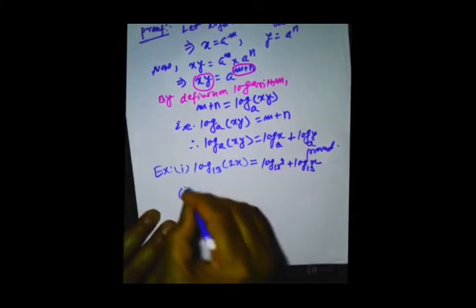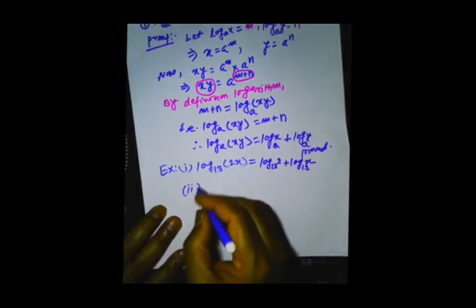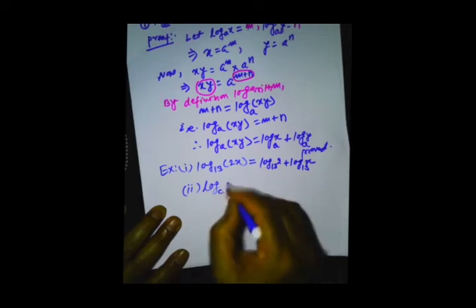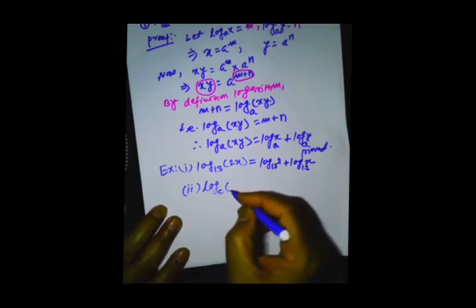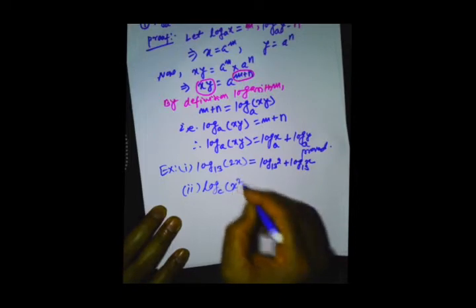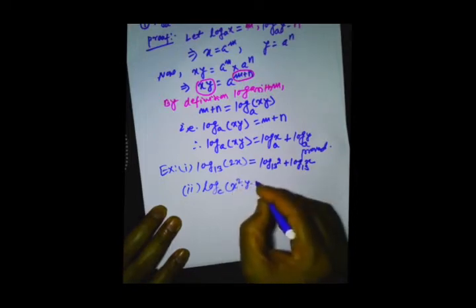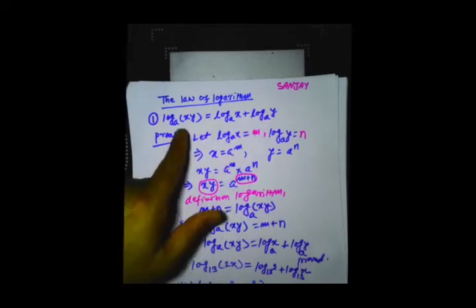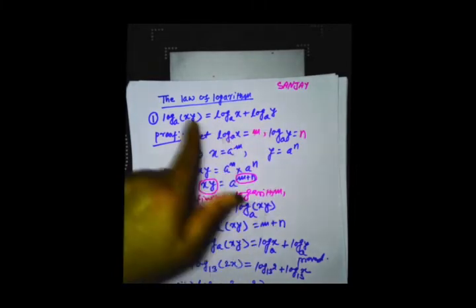Let's take another example. You can take any base c, so log base c of any number, for example x squared times y times t squared. If you use the first property of the logarithm, log of x times y is log x plus log y. If there is another number also, for example z, it will be log x plus log y plus log z.